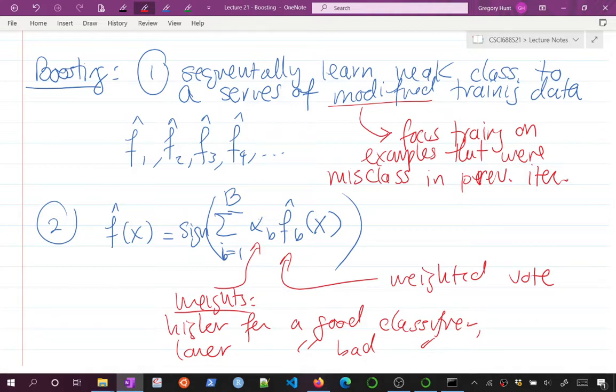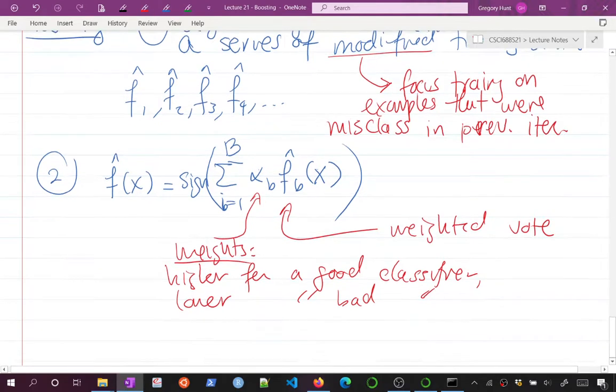I'm going to look at where that thing does well and where it does not, and reweight my training data. In the next iteration, I'm going to fit a second method, but in a weighted way so it pays attention to the places where the previous one did poorly. That forces the second one to focus on the parts where it did poorly and learn those examples. And then on the third one, I'm going to look at where the previous one did poorly, and focus on those, and so on.